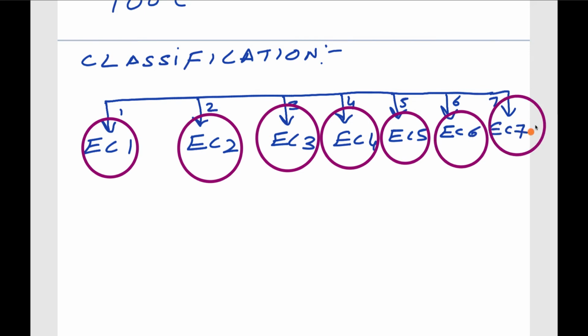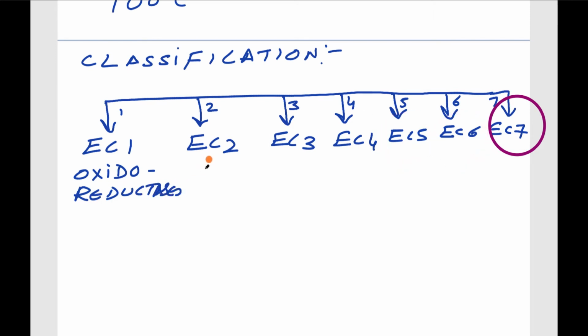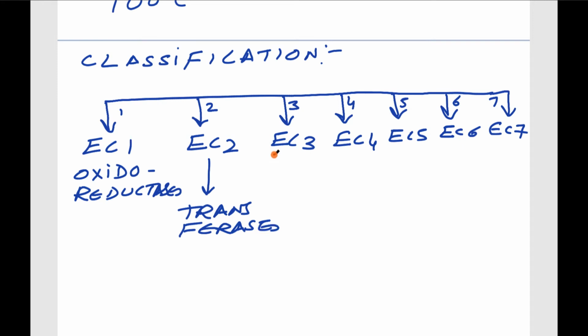EC means Enzyme Commission. The first group is oxidoreductases. The second one is transferases. The third one is hydrolases. The fourth one is lyases.